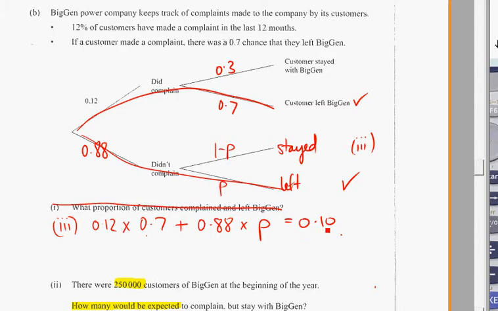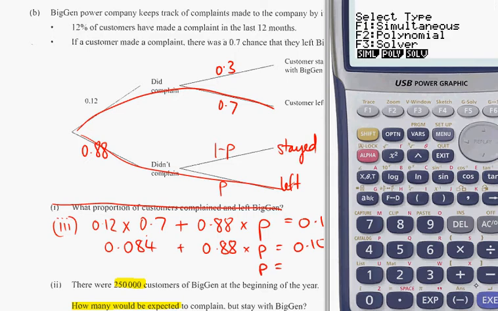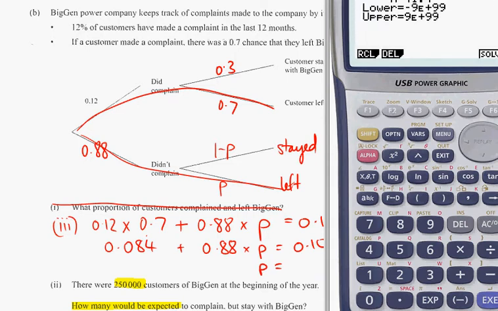You could jump into Solver right at this stage without doing anything else and work that out. Jumping onto Solver now should give you a value of P. Let's see if we can work that out. So we've got 0.084 plus 0.88 P equals 0.1.